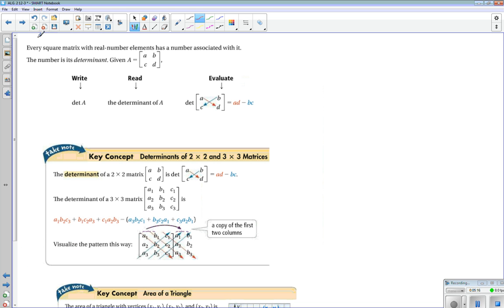All right, every square matrix with real number elements has a number associated with it. That number is called the determinant.